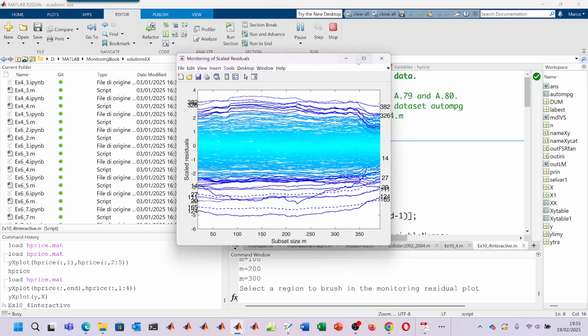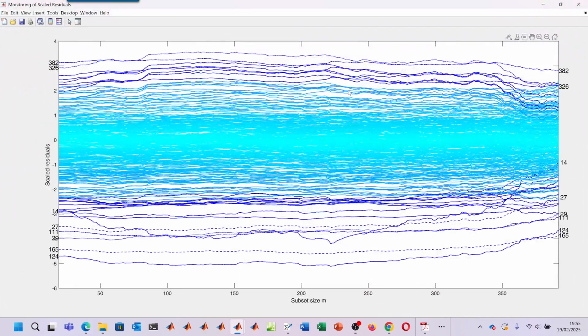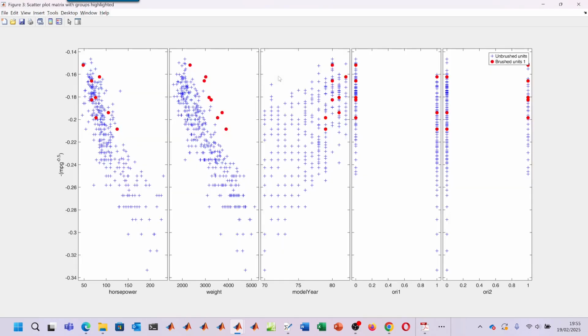In the transformed space, we check the monitoring of residuals, and you can see that in this space the trajectories are stable. You may notice a slight decrease of certain residuals in the final part, and it is interesting to see what happens when we brush the units with the largest residuals.